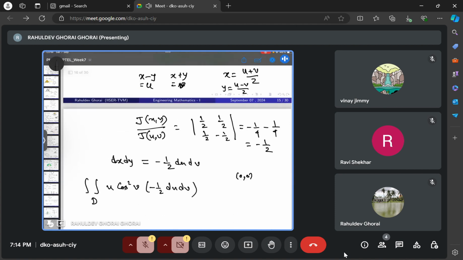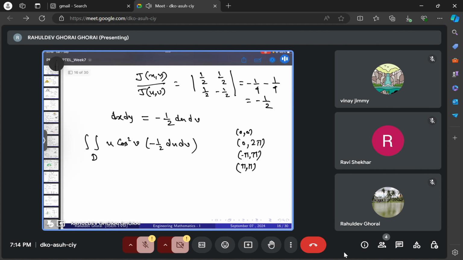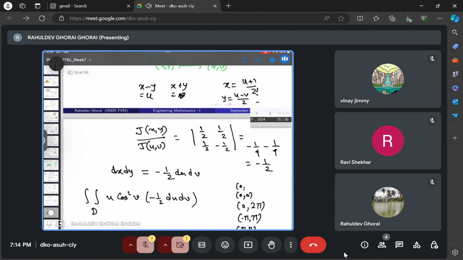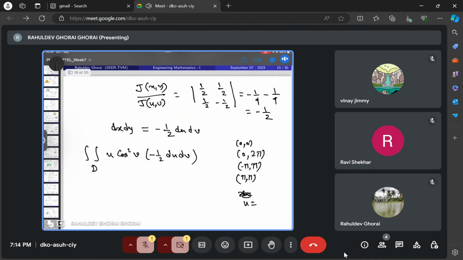The vertices are (0, 0), (0, 2 pi), (minus pi, pi) and (pi, pi). Now, u is equal to x minus y, and v is equal to x plus y.